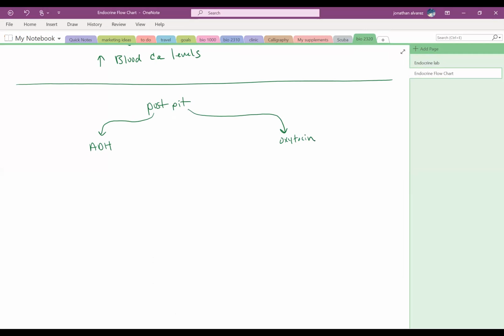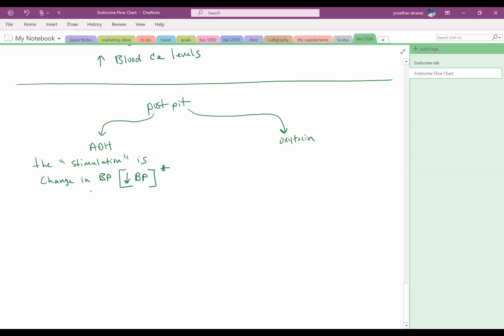The stimulus, the stimulation, is a change in blood pressure, more specifically a decrease in blood pressure. That's important to know.